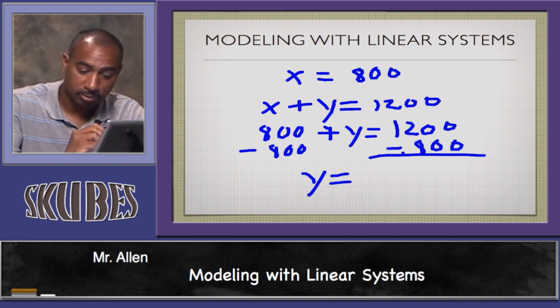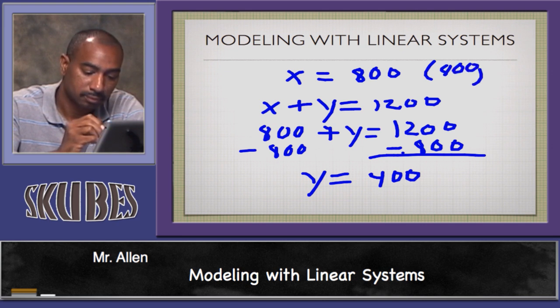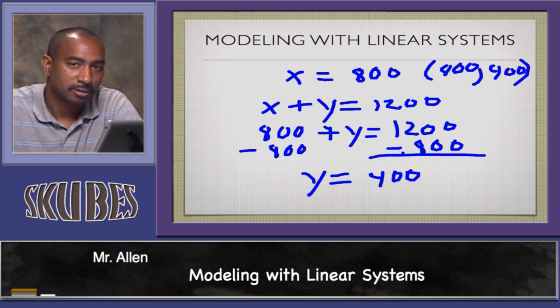So that means the adult tickets were 400. So you had 800 student tickets and 400 adult tickets. All right, this concludes our lesson for today.